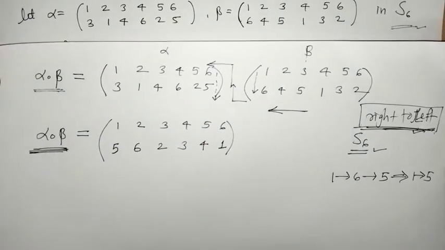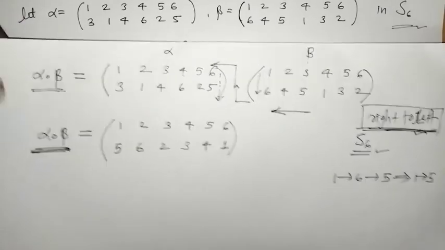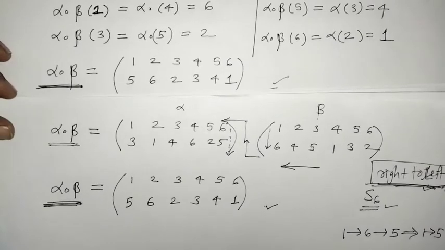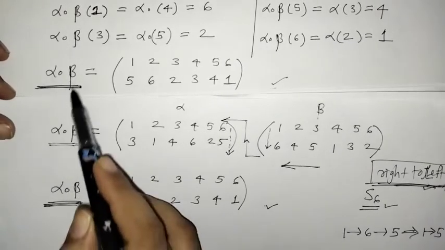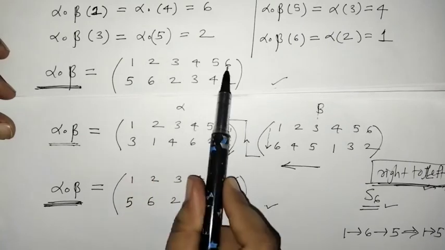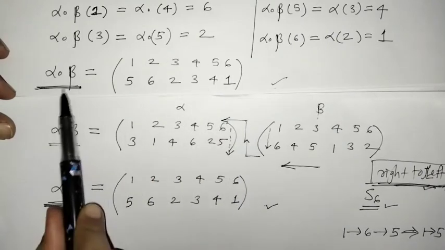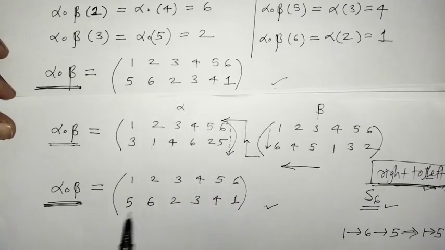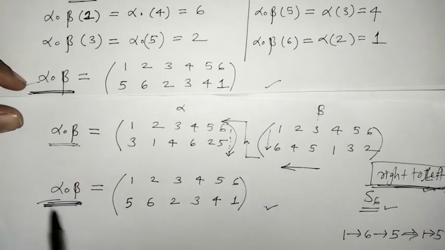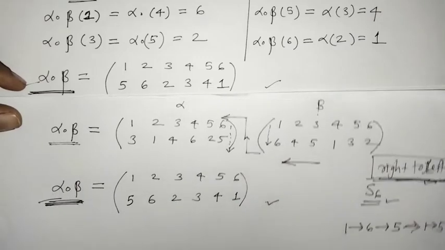Now we can check this alpha beta which we have previously found. Here we can check these two compositions. In the first row we have the elements 1, 2, 3, 4, 5, 6 and the same here, and in the second row we have 5, 6, 2, 3, 4, 1, right? That means we got the same composition alpha beta.